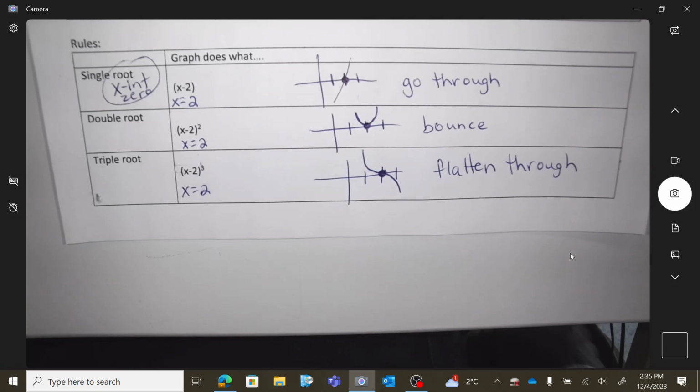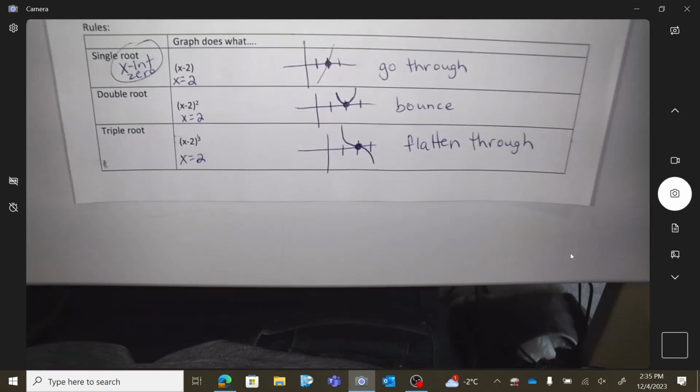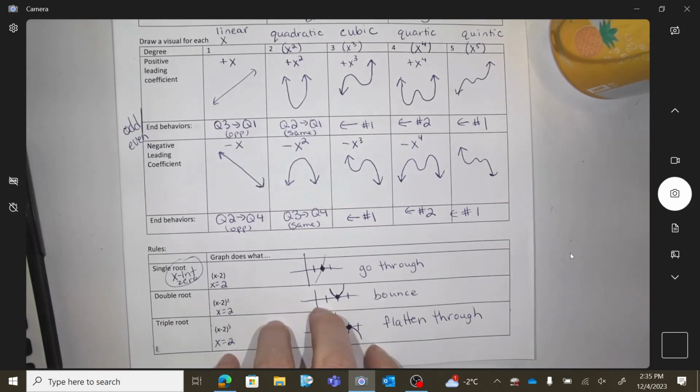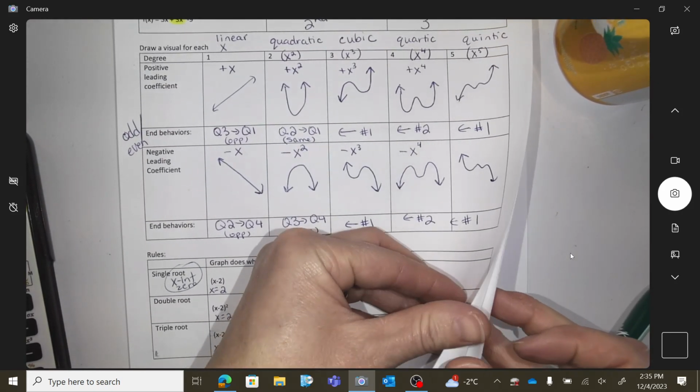You're going to get to a flatten, but then you're still going to go through, but it's going to flatten out like that. Okay, there you go. You know how to do 3/4 of the unit. Cool. You need to understand the shapes and what to do.